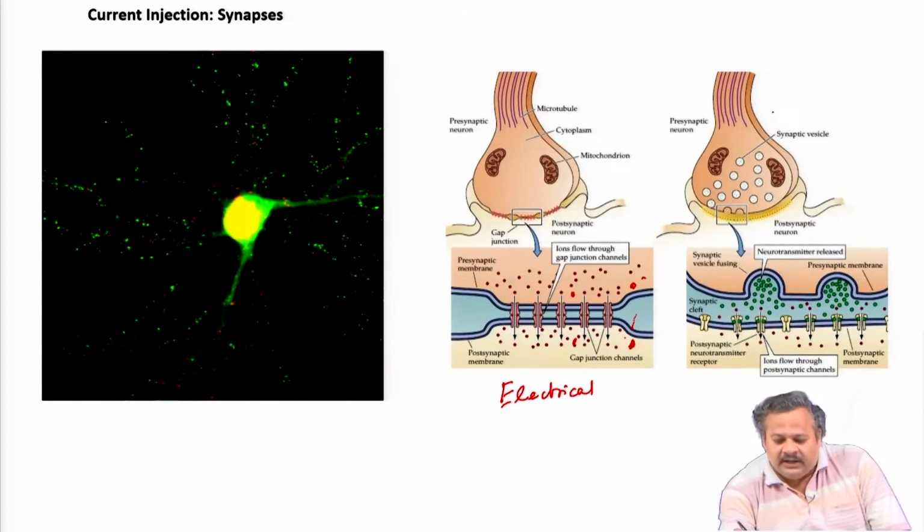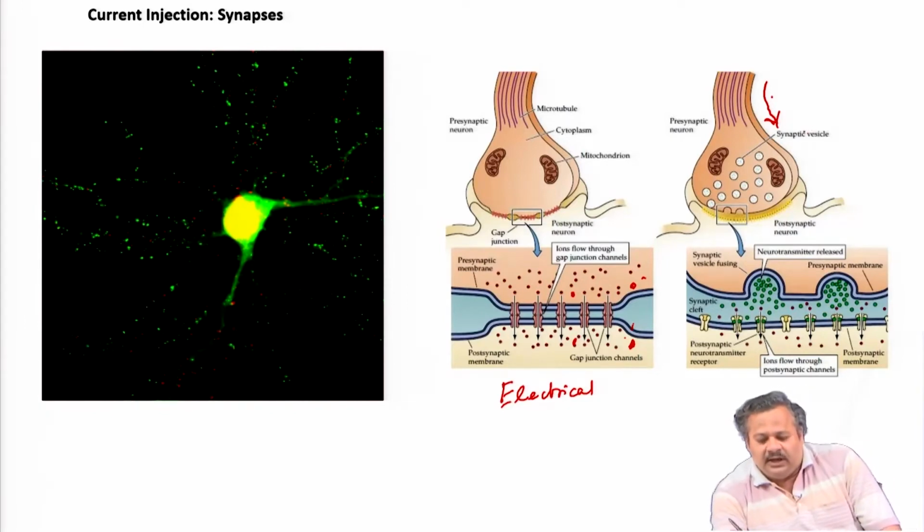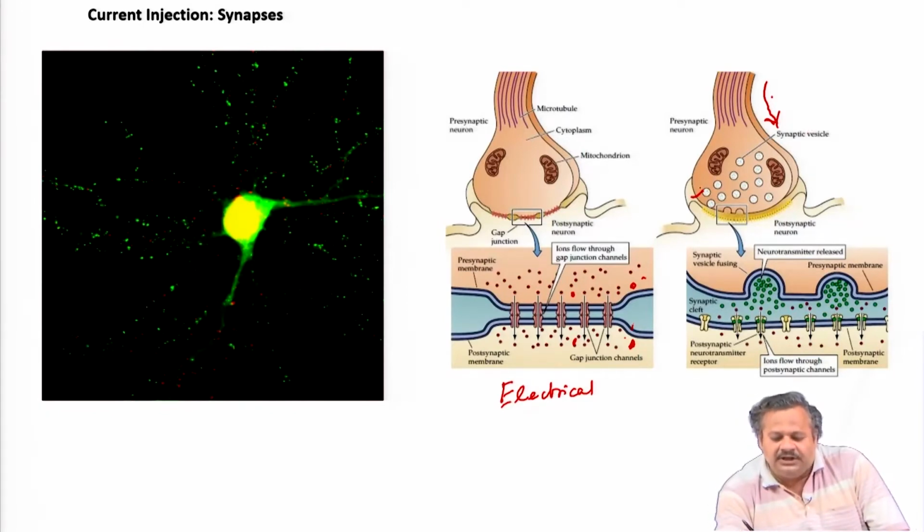When an action potential travels to the axon terminal, first there is voltage gated calcium channel opening that allows calcium to come into the neuron, and this calcium, through a series of steps, allows the neurotransmitter to be released.